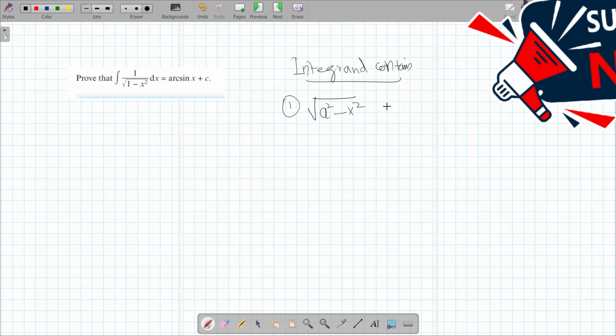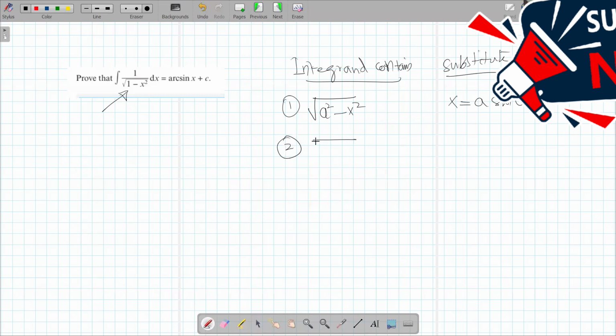right? In this particular question, what is the value of a you see? Just one. So if the integrand contains this, you have to substitute x equal to a sine theta. This is the rule.